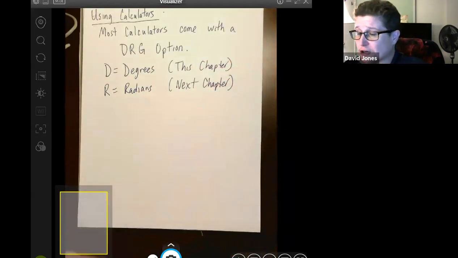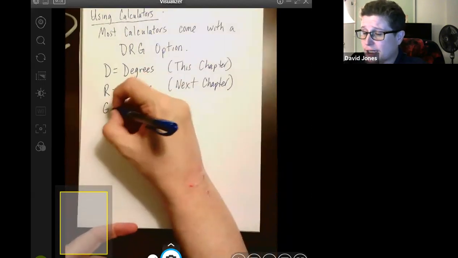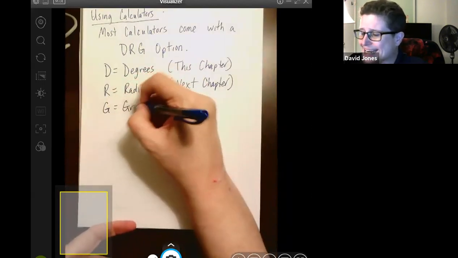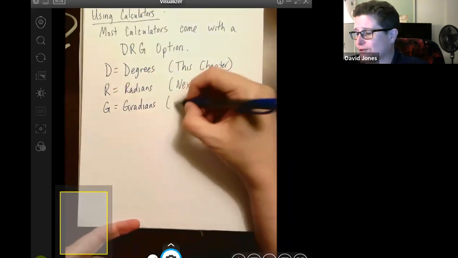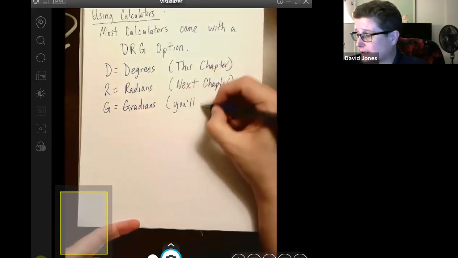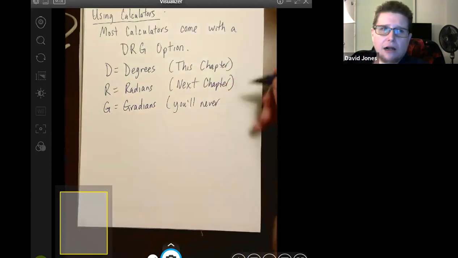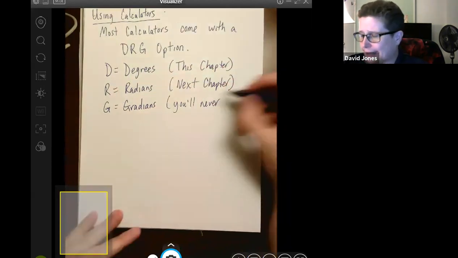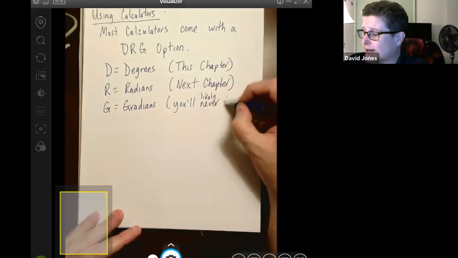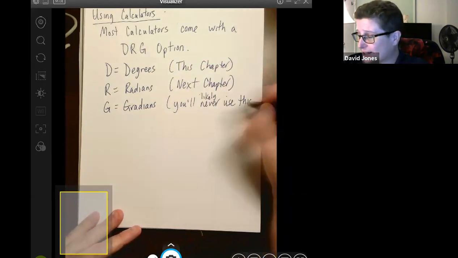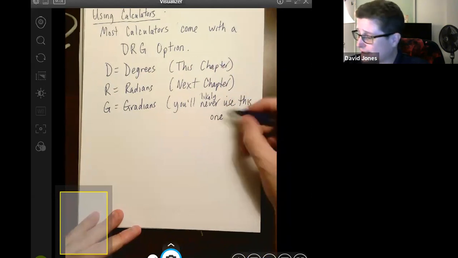I suspect Europeans use G. G is for gradients. You'll never use this one. You'll likely never use this one. I never have, and I've done a lot of mathematics.